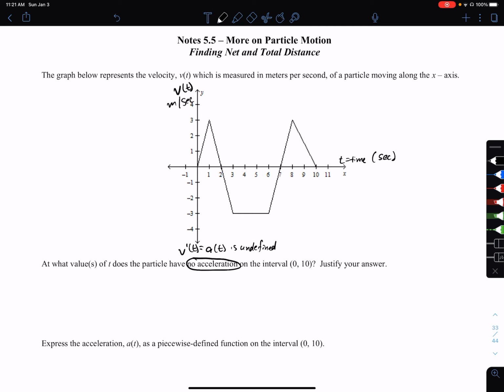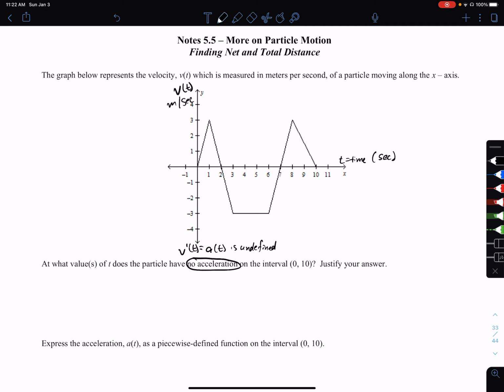So when does this happen on the interval from 0 to 10? Well, if we're talking about the derivative of the velocity, which this function is, when is the derivative undefined? It's undefined at corner points or cusps, and we have 4 of those corner points.